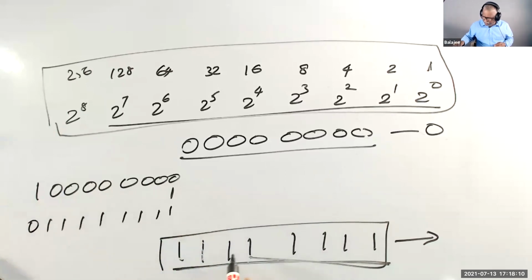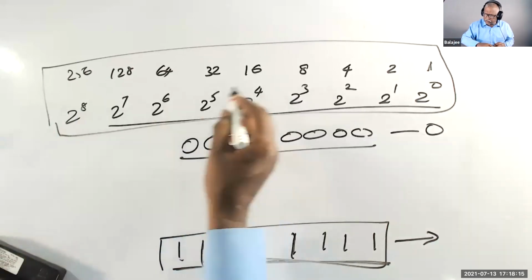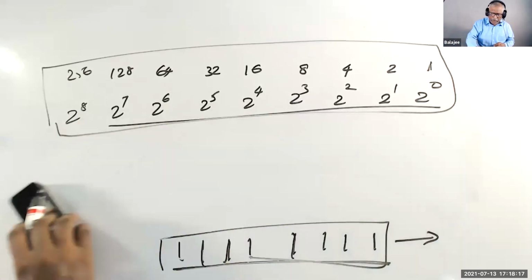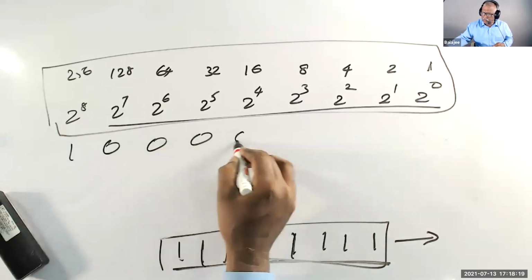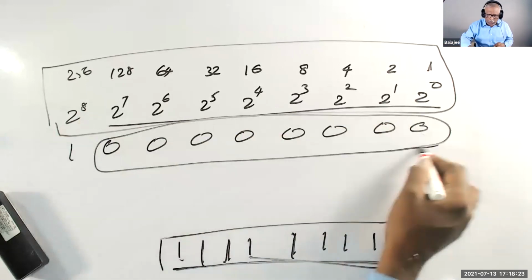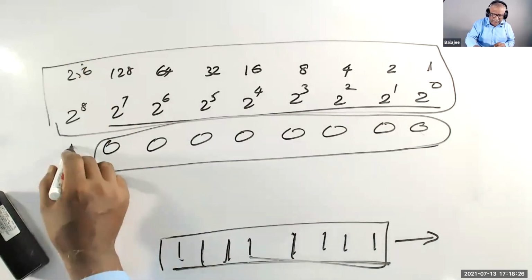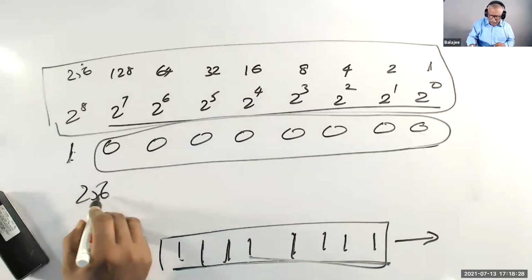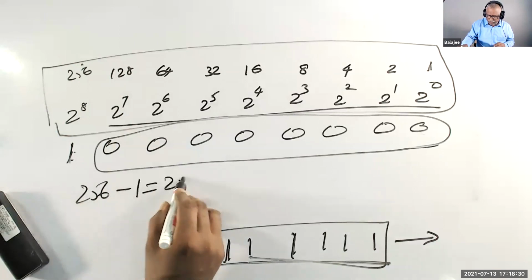So I get this number here. What is the value of this? If you put here 1, 0, 0, 0, 0, these are all zeros, they don't have any value. So 1 into 256, this number's value is 256, minus 1 is equal to 255.